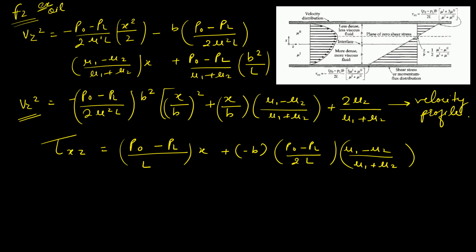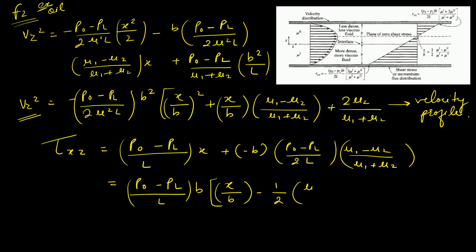So substituting the value of C1, I get (P naught minus PL) upon L into b common, x upon b minus 1 upon 2 (mu1 minus mu2) upon (mu1 plus mu2). So this is the shear stress acting on the fluid.